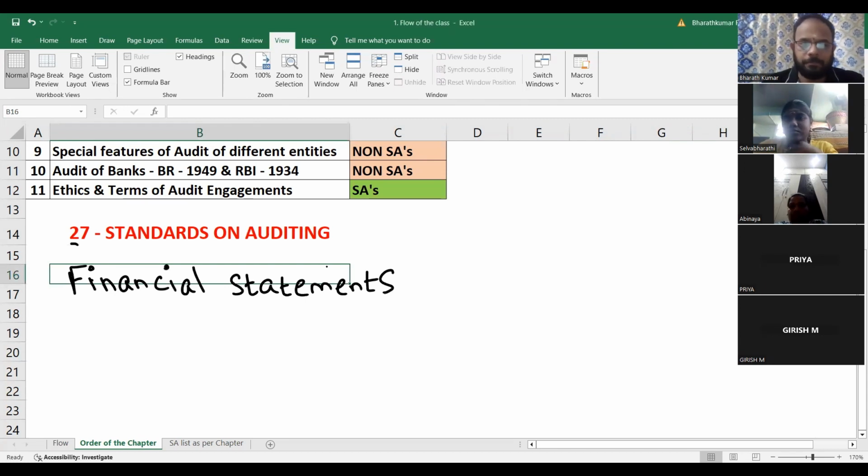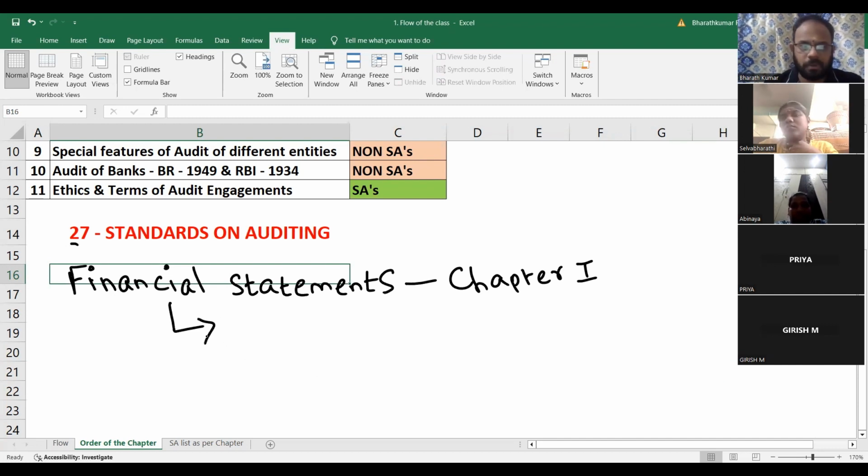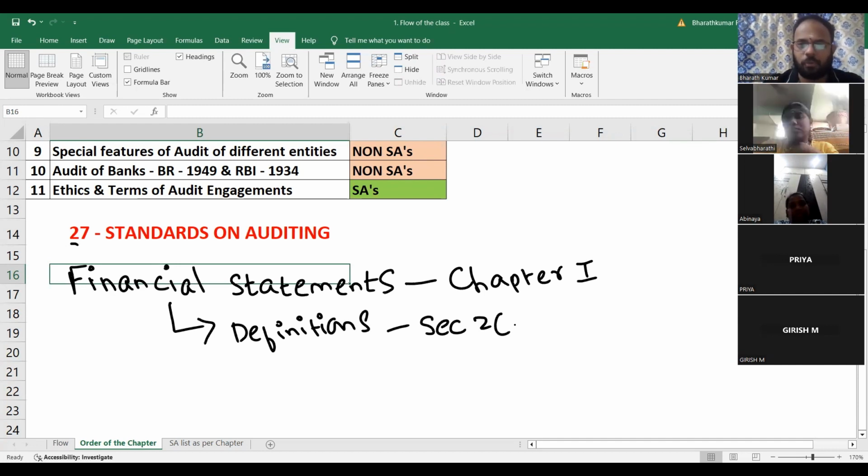First, I was talking about chapter number 1. Chapter number 1 will talk about definitions. Definitions will be under section number 2. Financial statement is section number 2, subsection 40.